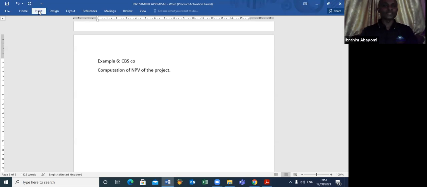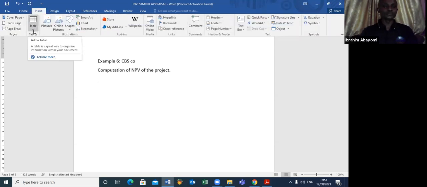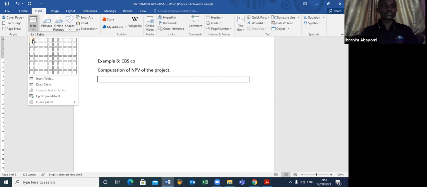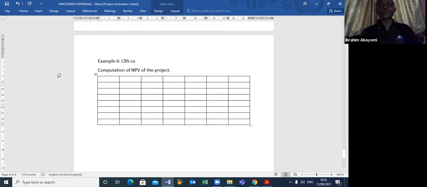So let me insert my table as usual. Year 0, year 1, year 2, year 3, year 4, year 5.